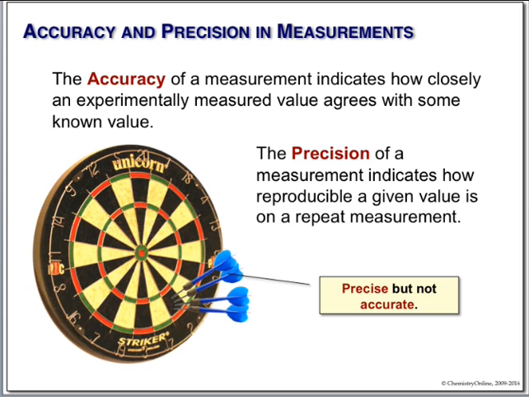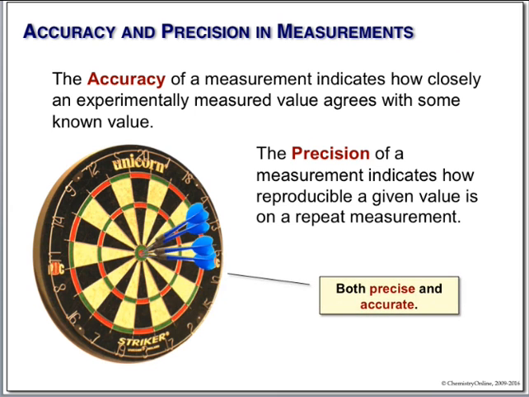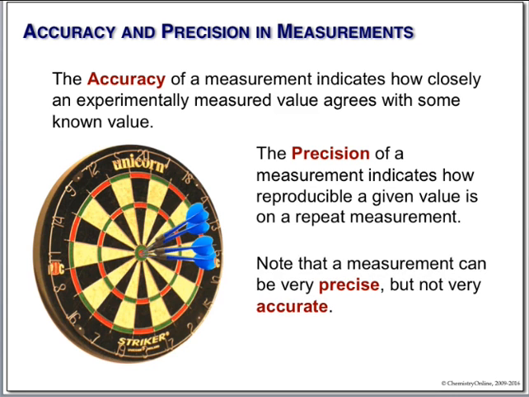Accuracy tells you whether you hit the bullseye. Something like this, where we put them all, is both precise and accurate. So big difference between precision and accuracy. A measurement can be very precise, but not accurate.